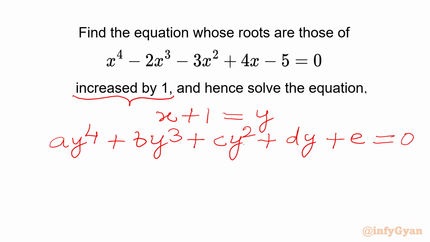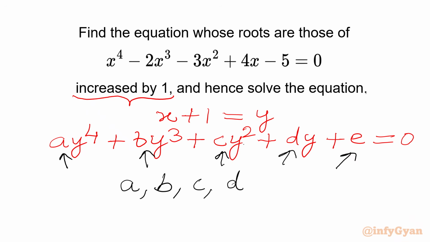To get the roots of this quartic equation, we should know the unknown coefficients a, b, c, d and e. So our first target is to find a, b, c, d and e. So I will use the synthetic division method over here.